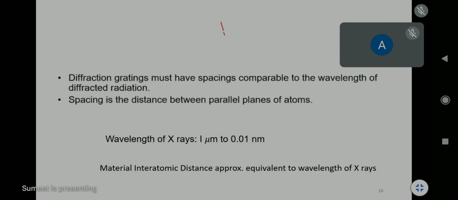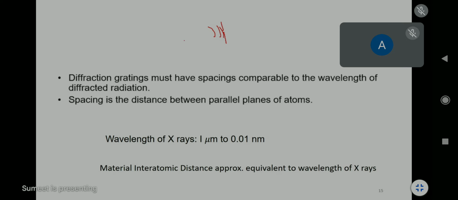If there is a small slit and some wave is incoming, the wave strikes this slit which has a narrow space, and from that space the wave will get diffracted. So for diffraction to occur, the diffraction grating or this space must be comparable to the wavelength of the diffracted radiation.